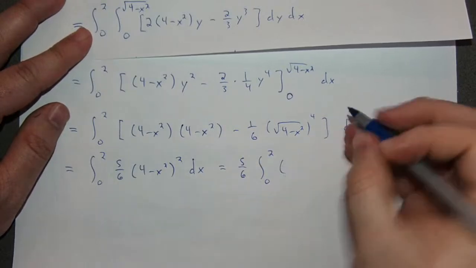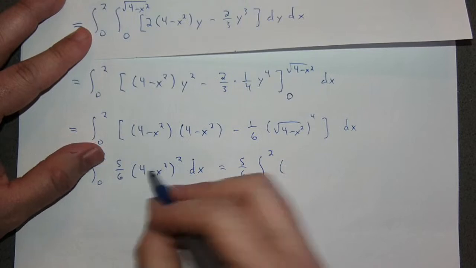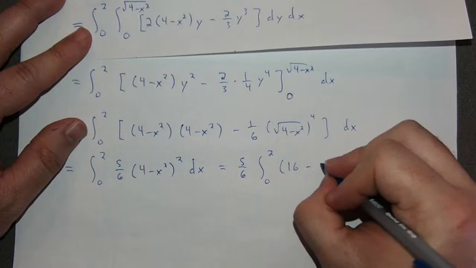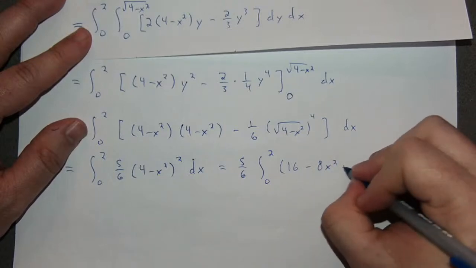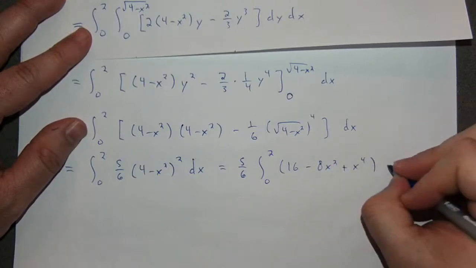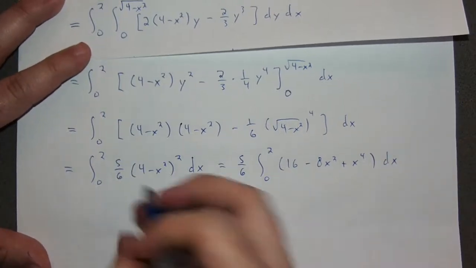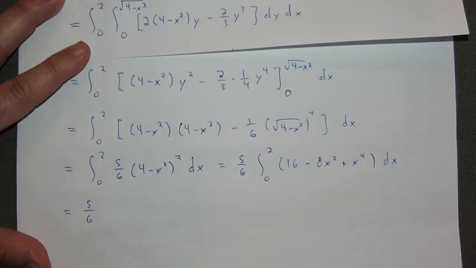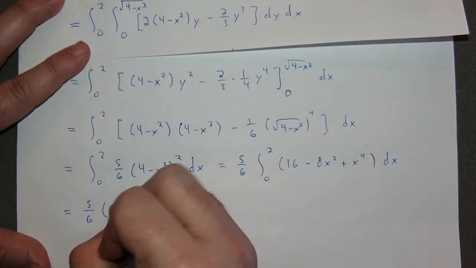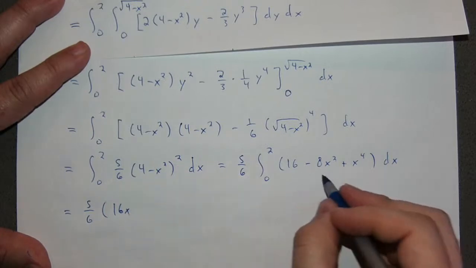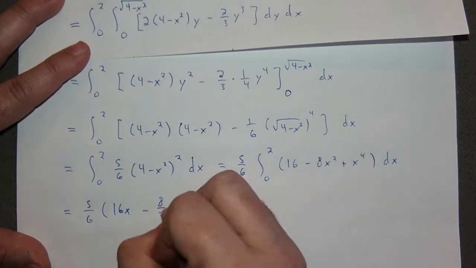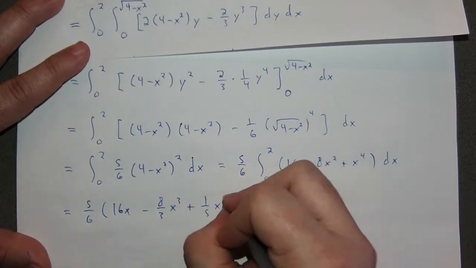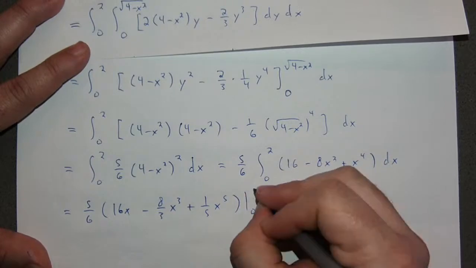This is 16 minus 8x squared plus x to the 4th dx. And so this is 5/6 times, I can integrate this term by term here. So this is 16x minus 8/3 x cubed plus 1/5 x to the 5th, evaluated from 0 to 2.